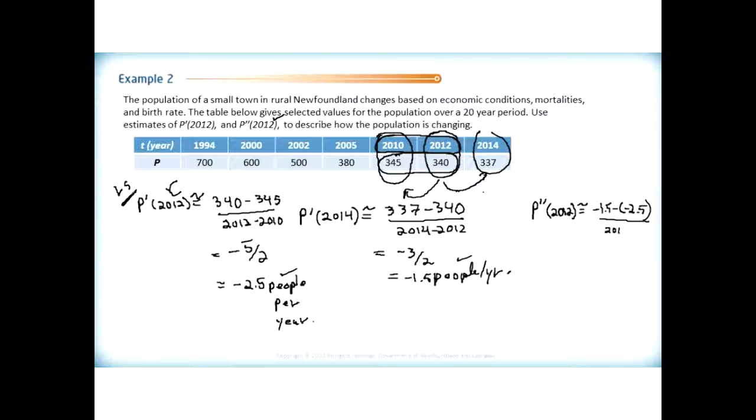So 2014 minus 2012. And so what we end up with in our numerator here is actually a positive 1 over a 2. Okay, so what that means is the rate of change of our population change here is going to be about 0.5 people per year.